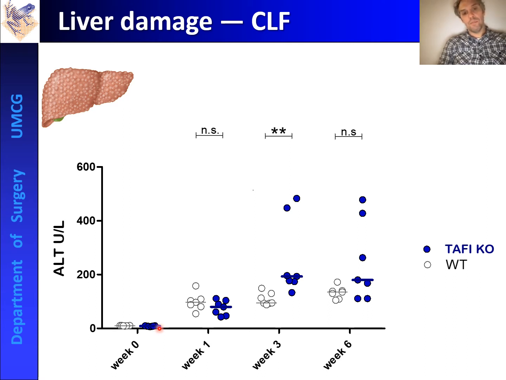And so in the first week, nothing much has changed. Both groups have the equal amount of damage, but there's a clear difference in the TAFI knockout mice group after 3 weeks. Although there's more damage in week 6, you see that this levels out between the groups.